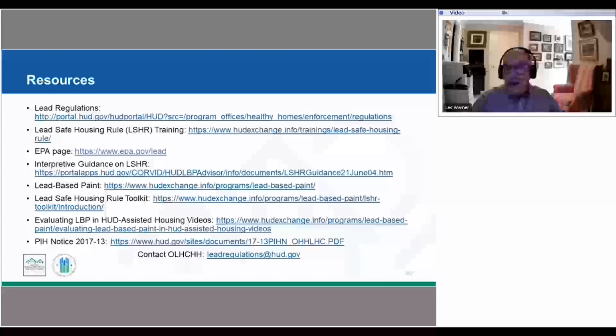The interpretive guidance that we mentioned, which is topic by topic, is really helpful in getting more in-depth guidance. I would recommend that you take a look at that. There is also the lead-based paint page that we already identified, the toolkit, the videos, and a PIH notice listed specifically here. I wanted to point out the last bullet point: we have an office hour session tomorrow.